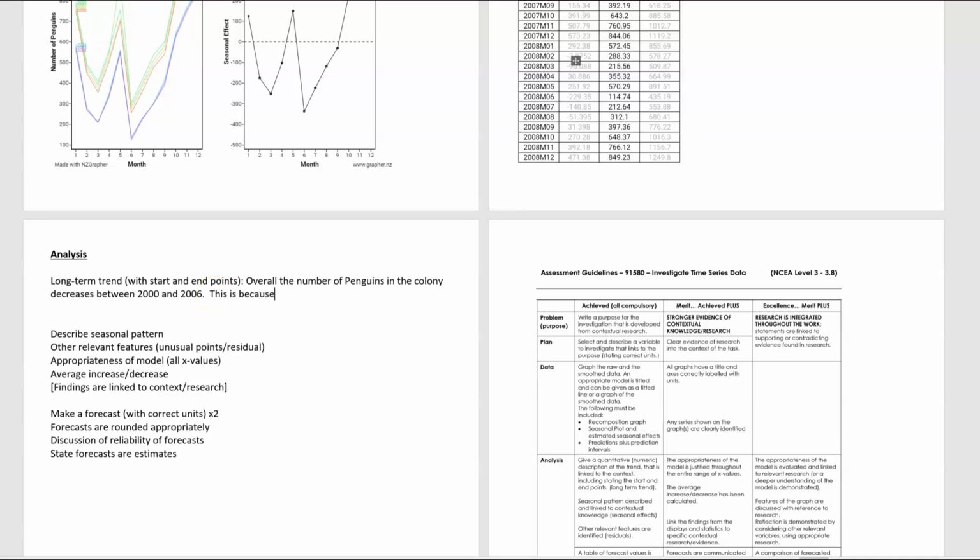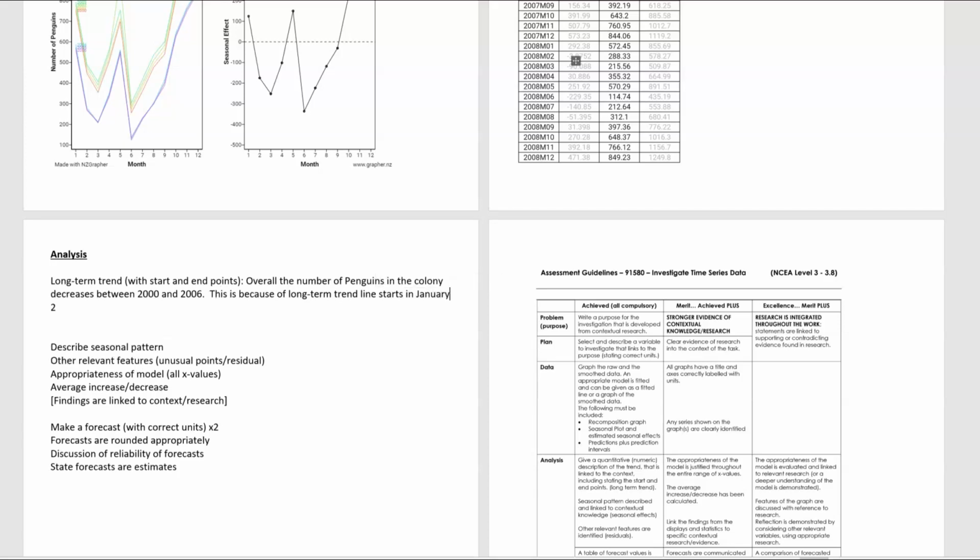This is because our long-term trend line starts in January 2000 with 600 penguins and declines to December 2006 to 416 penguins.